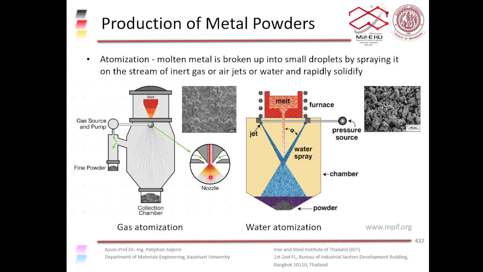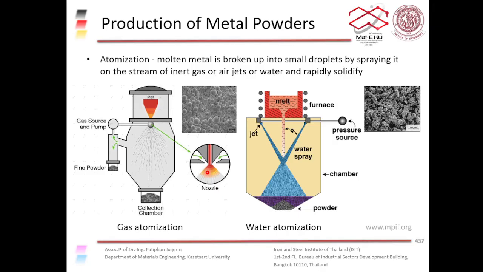So atomization actually means to make it into small droplets, right? So when the molten metal becomes droplets, they will have a large surface area to volume ratio, right?